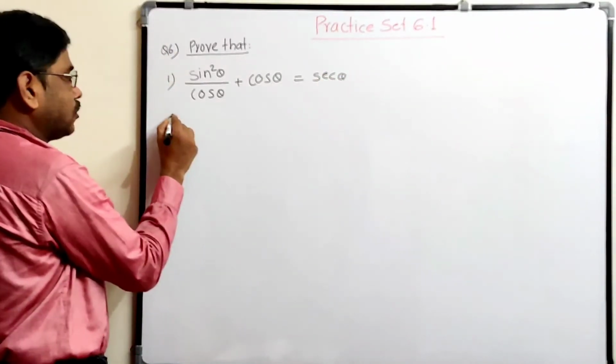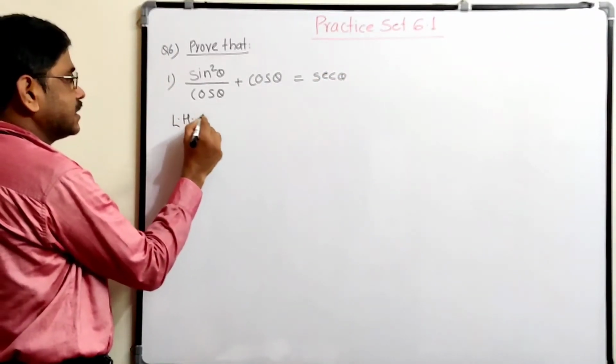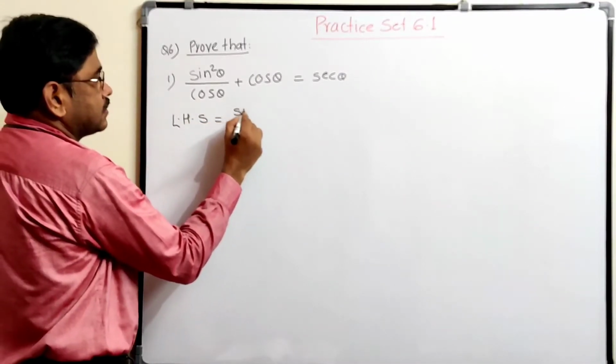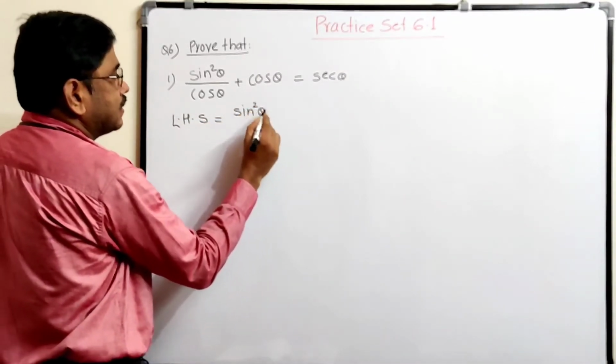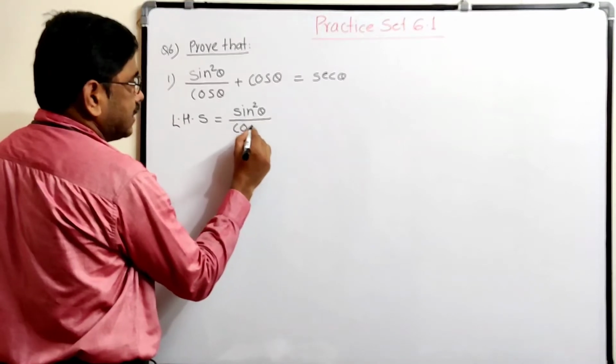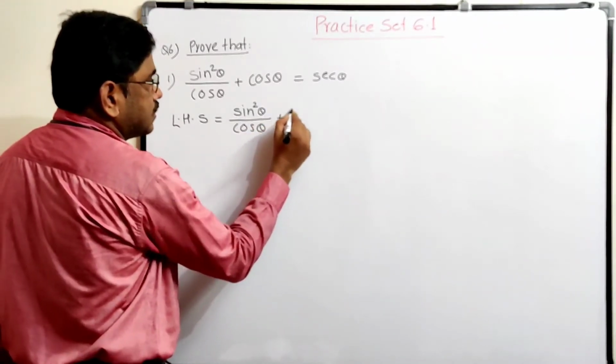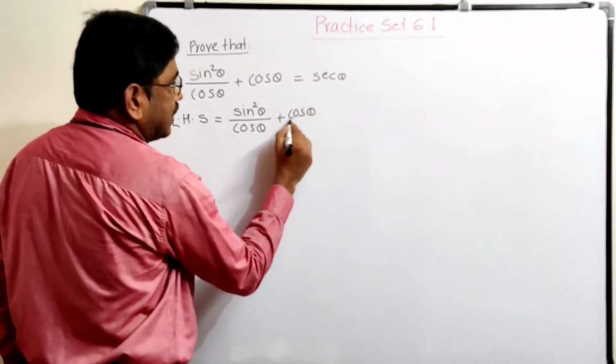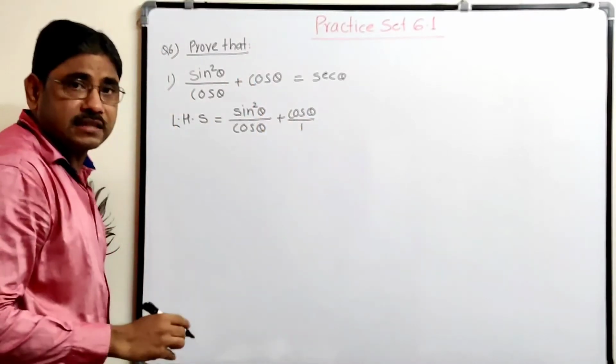Now let us take the left hand side first, LHS. Left hand side is sin square theta divided by cos theta plus cos theta. If there is no denominator, what can we write here? 1.